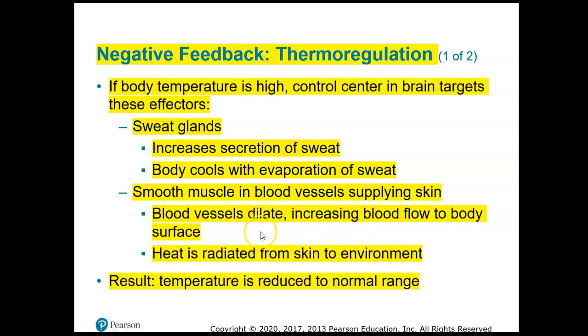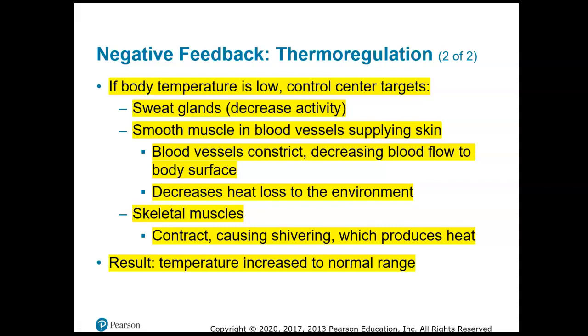They're going to get larger, and that's going to increase blood flow to the body surface, and that will draw heat to the body surface, and it will be radiated away from the body surface. So these are responses that are going to end up lowering the body temperature back to normal.